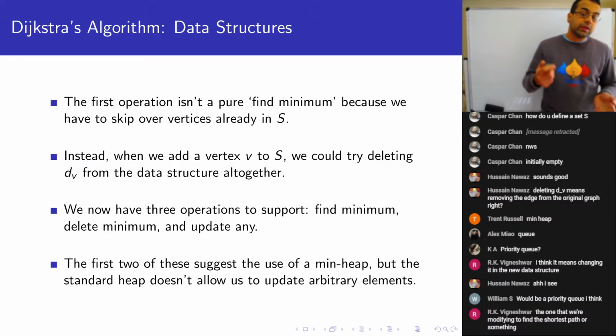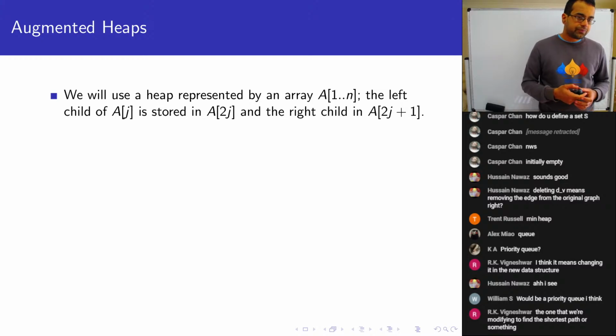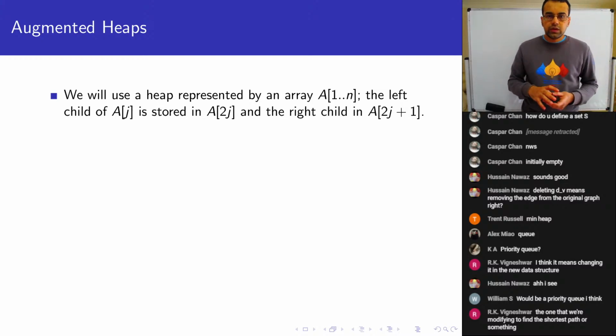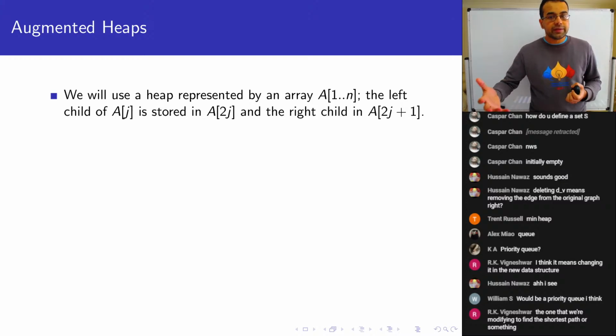Okay, so that's the next thing we're going to present, which is the augmented heap data structure. So first, let's talk about the implementation of the basic array heap. The simplest way, I think, to implement a heap is to use an array which simulates it.